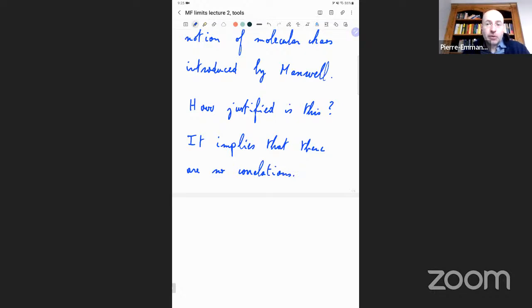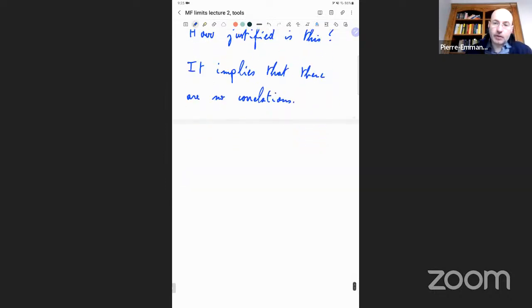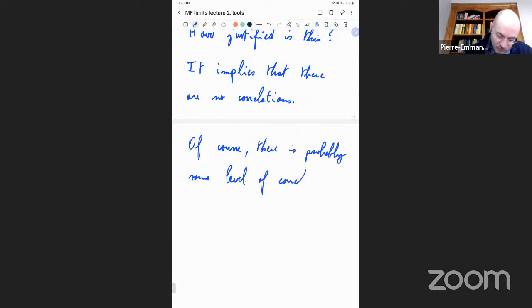And I'll give you a few examples later on where you'll see that at least at some scale, there must be some sort of correlations between particles. So the fact that there's absolutely zero is probably not true. So, of course, there's probably some level of correlation. Hopefully not much.